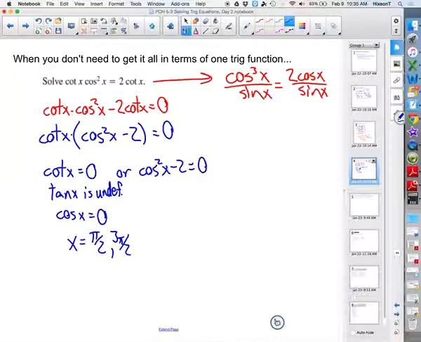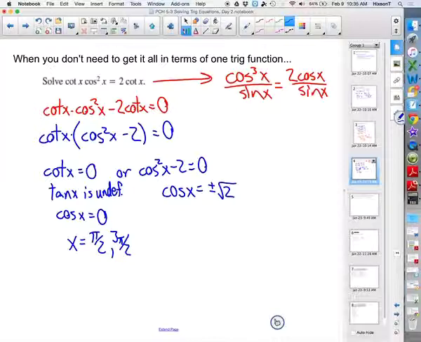If we figure this one out, we get the 2 on the other side and then square root, right? So cosine of x would equal plus or minus the square root of 2. So where is cosine positive or negative square root of 2? Cosine does equal root 2 over 2 at pi over 4.